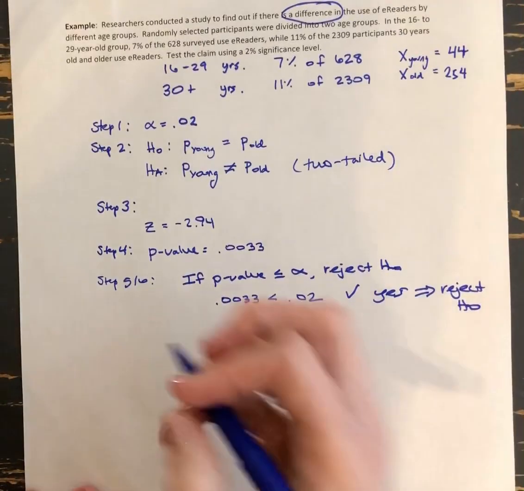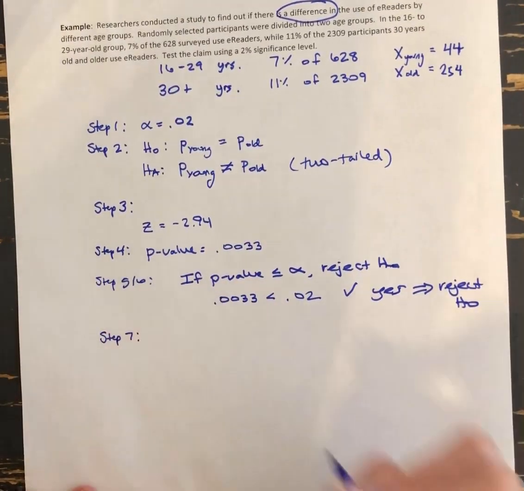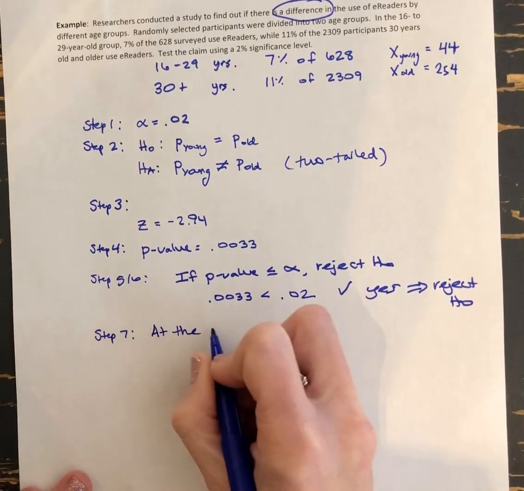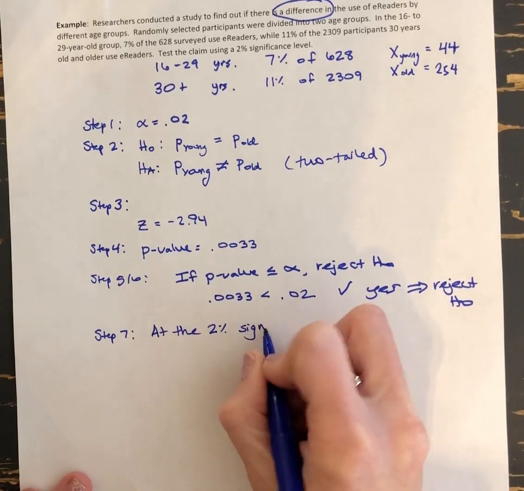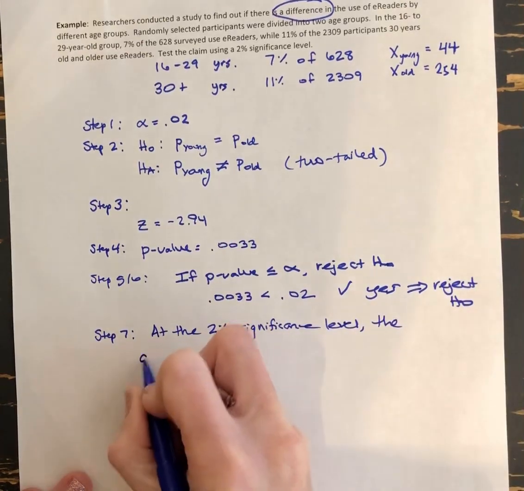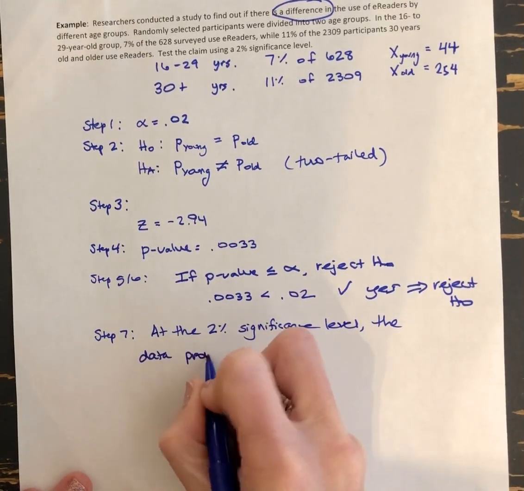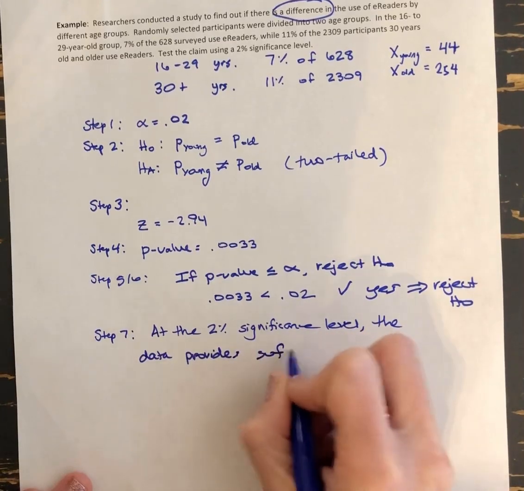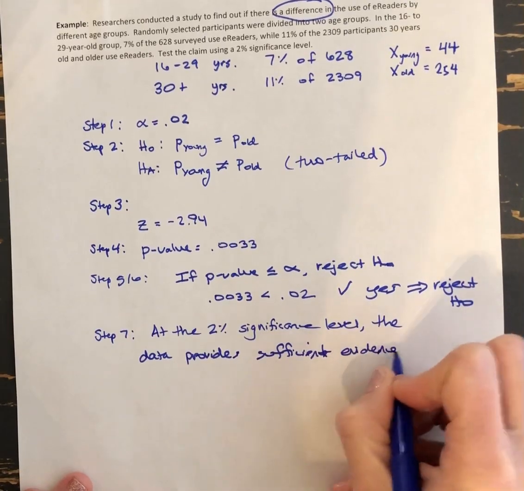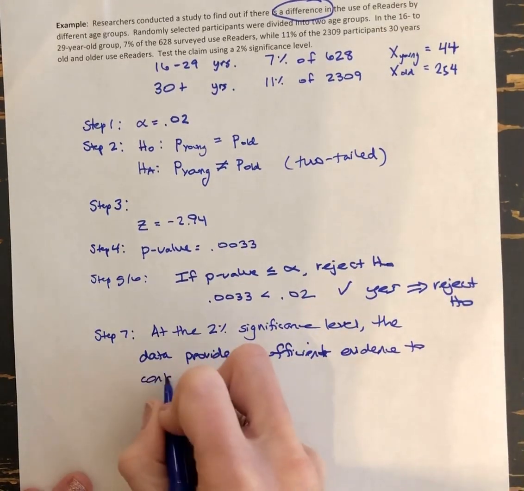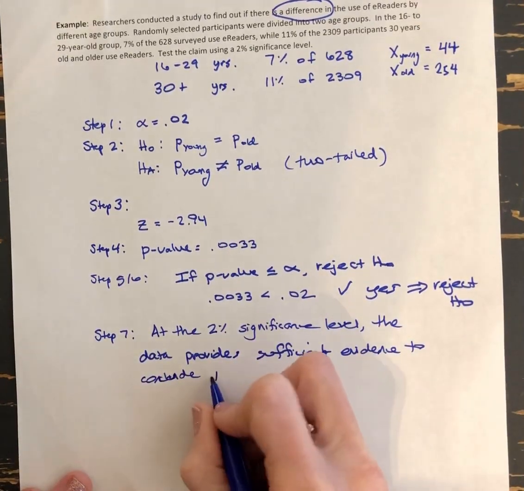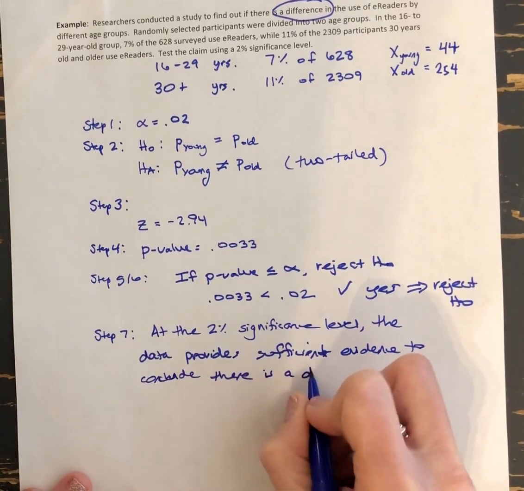Okay. And then the last step is just to summarize our conclusion, which we're going to start off stating our significance level. So at the 2% significance level, the data provides sufficient evidence to conclude there is a difference, right?